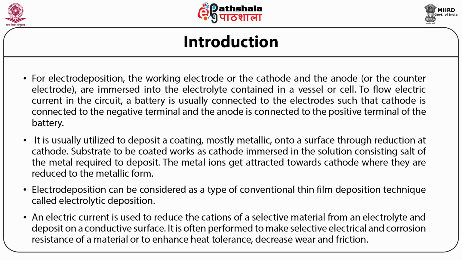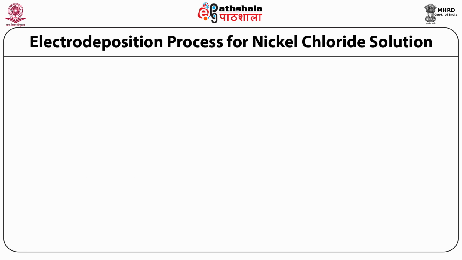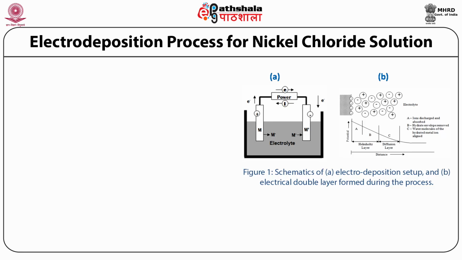It is often performed to modify the electrical and corrosion resistance of a material or to enhance heat tolerance and decrease wear and friction. Figure 1 shows the schematic of the electrodeposition process for nickel chloride solution.